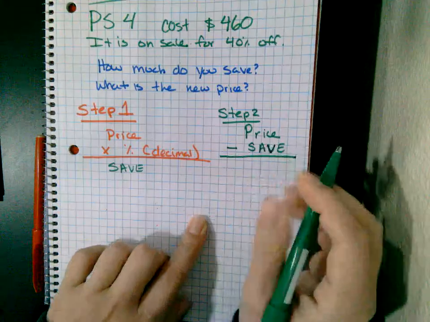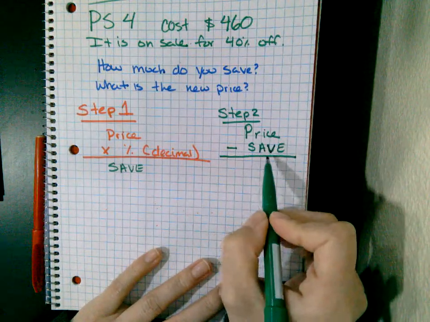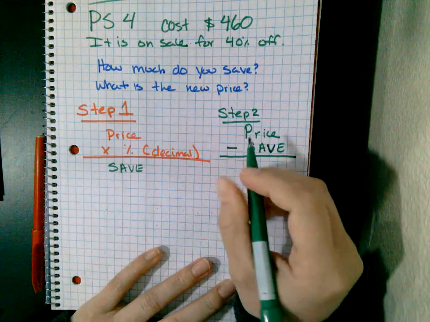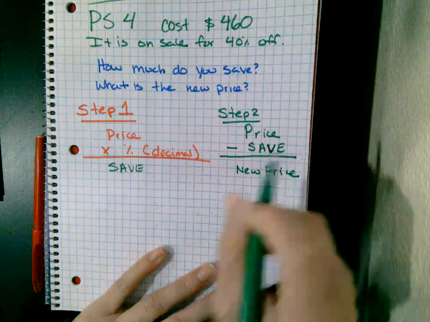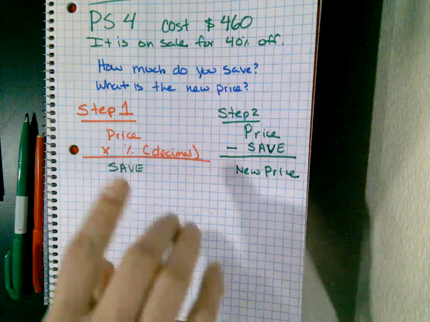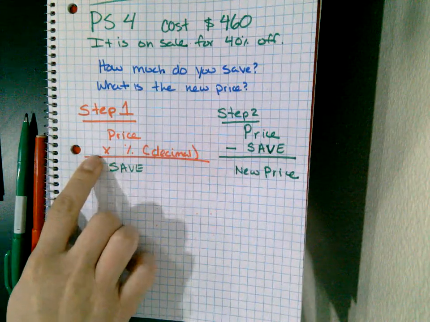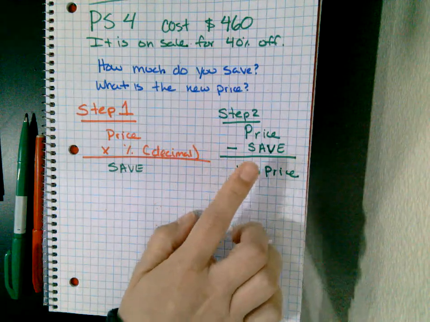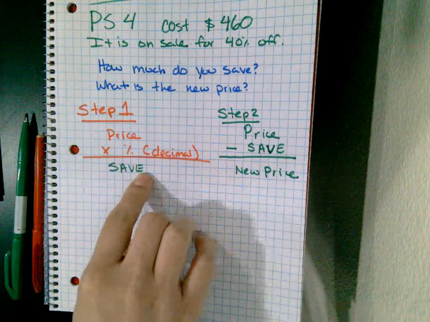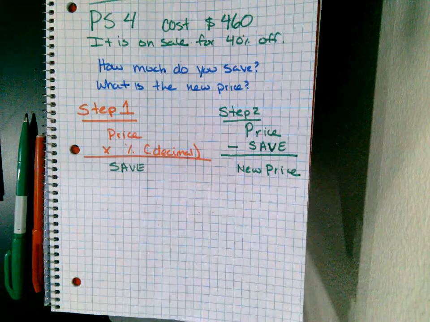When you do that, your answer is the new price. So first step, you multiply, and then second step, you subtract. But before we do our second step, we got to figure out this number because we're going to use it in our second step.